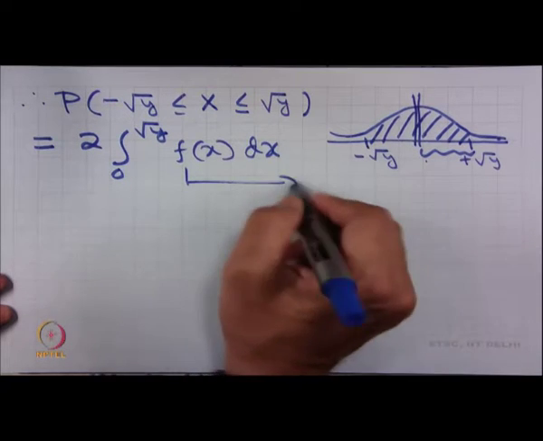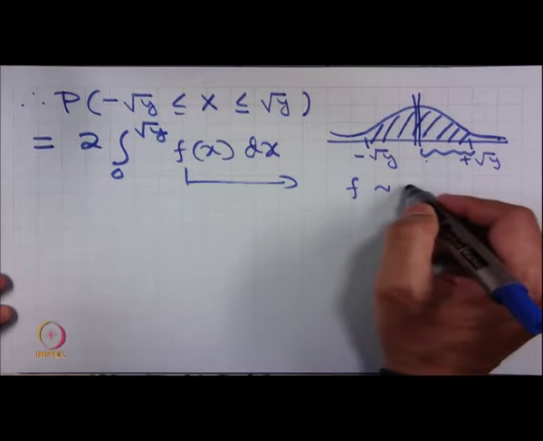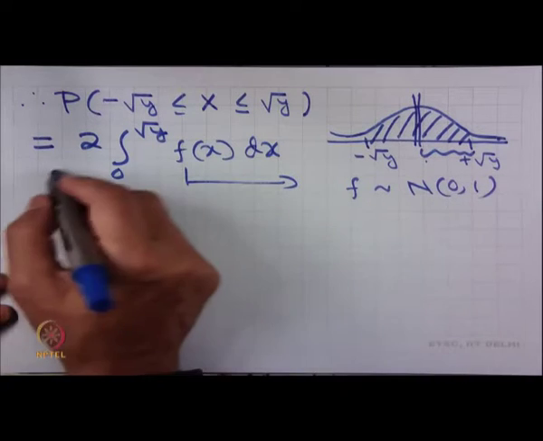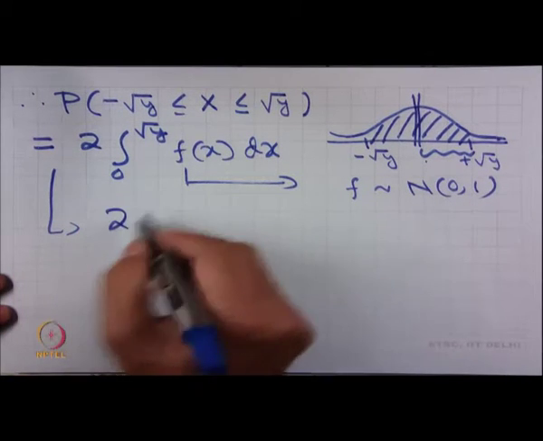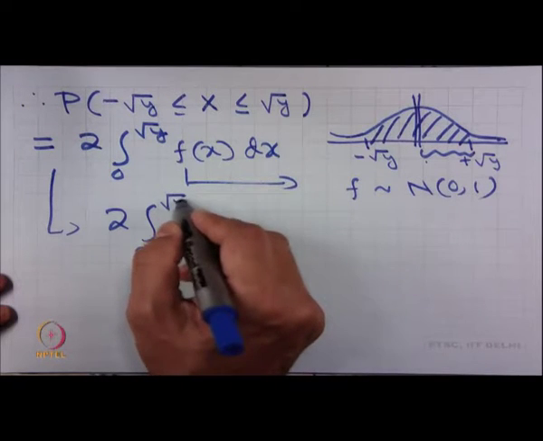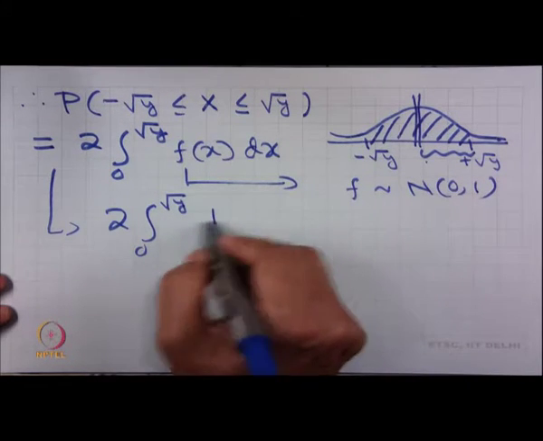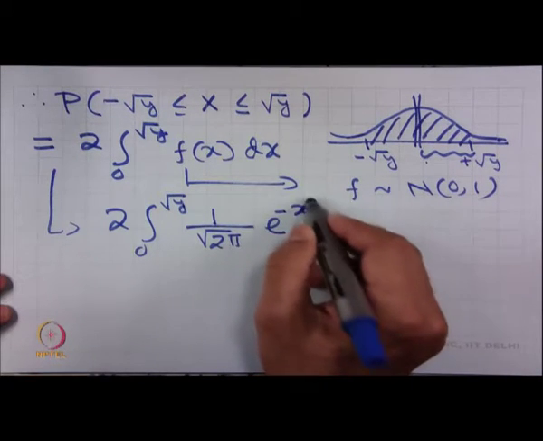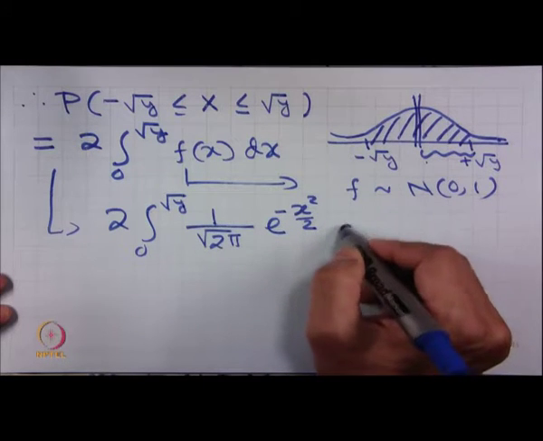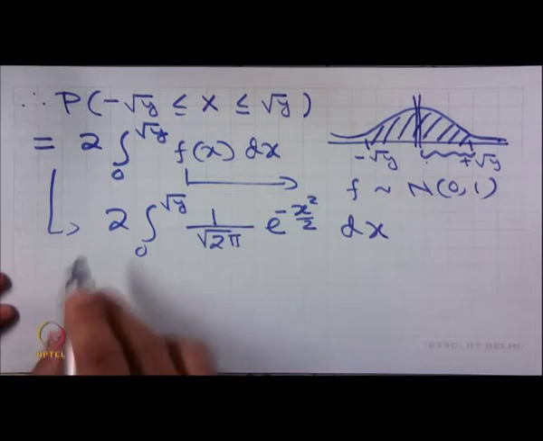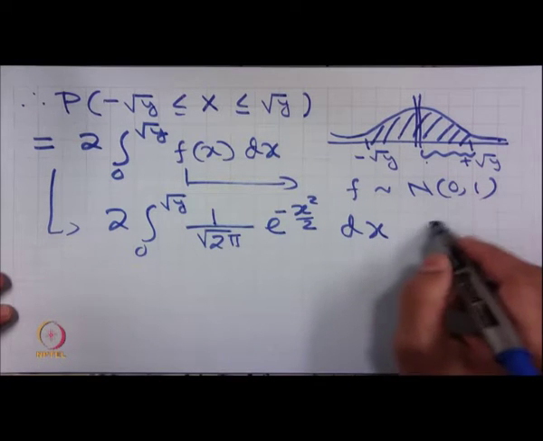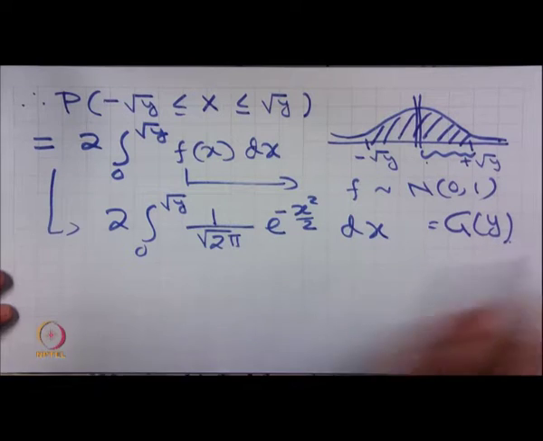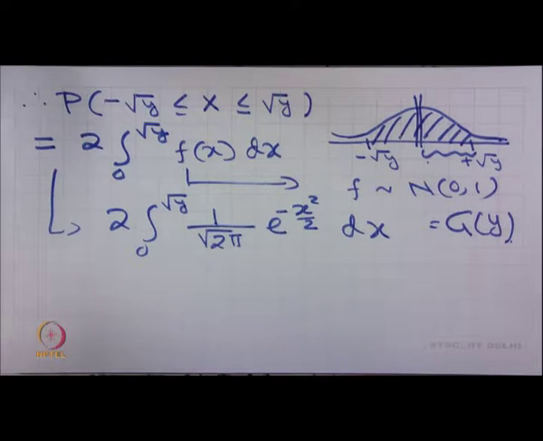And since f is normal 0, 1, this becomes 2 times the integral from 0 to root y of 1 over root 2 pi e to the power minus x square by 2 dx. So, this is the value of G y, that is the cumulative distribution function for the random variable y, which is nothing but x square.